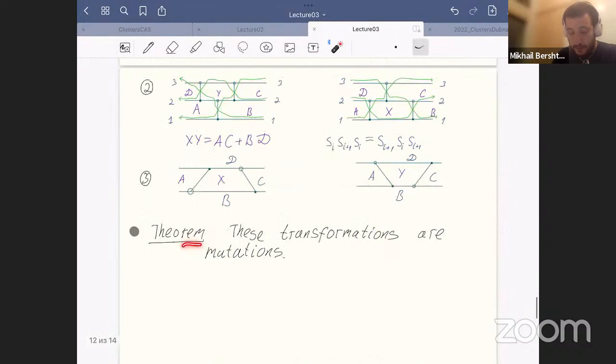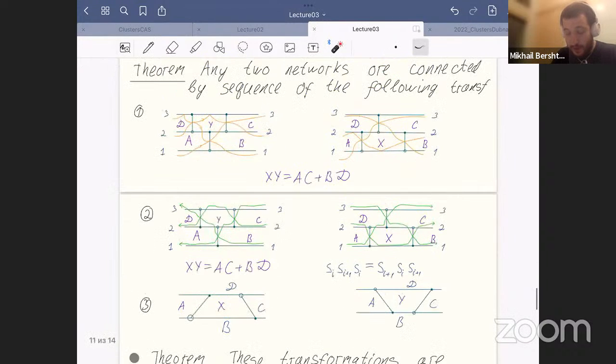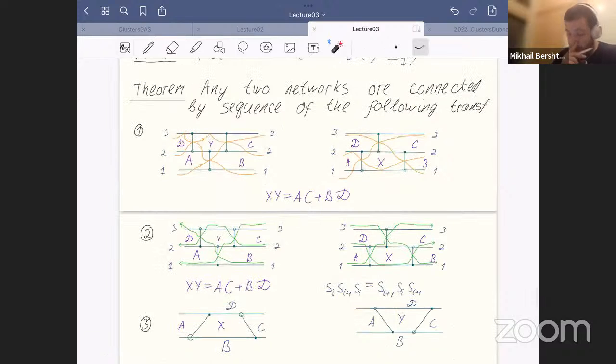Now, what this theorem says is that for any transformation which we do here, if I put here the corresponding minors A, B, C, they actually satisfy quadratic relations which are necessary for the mutation.